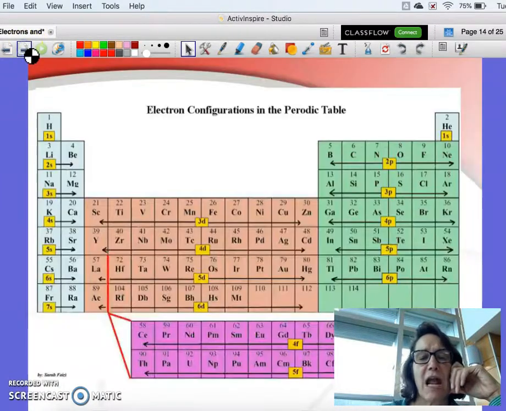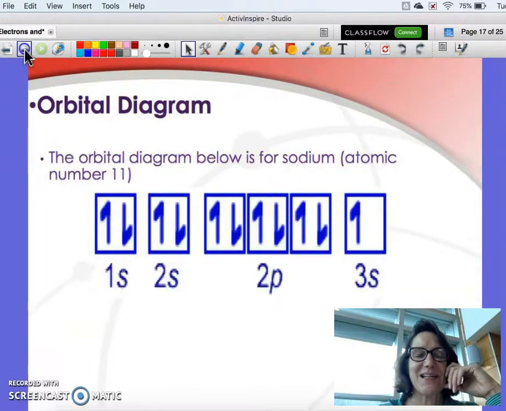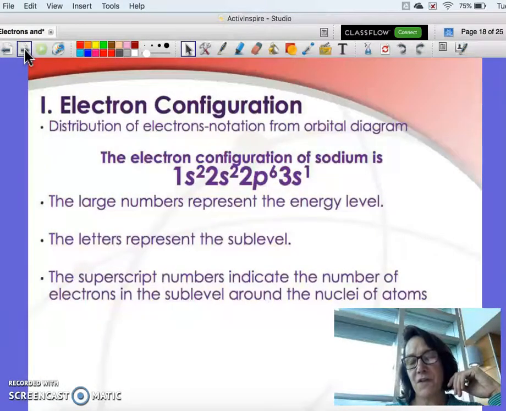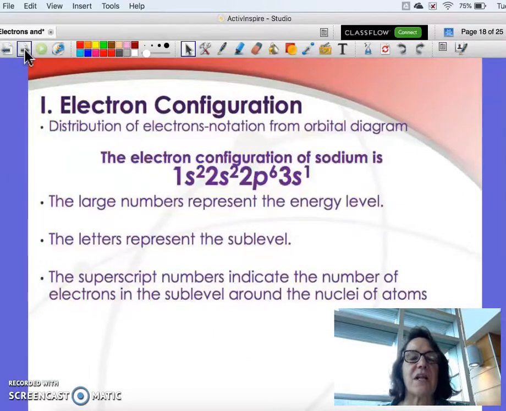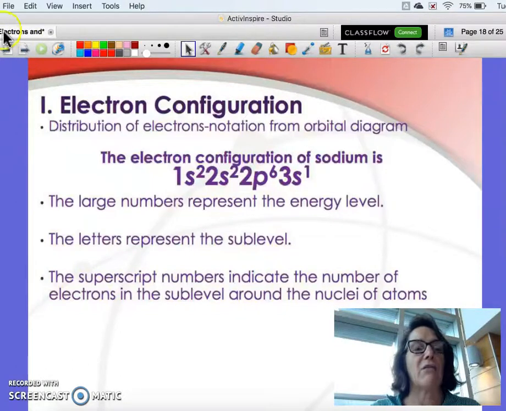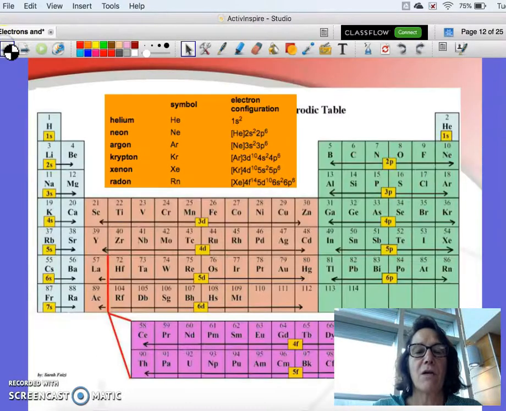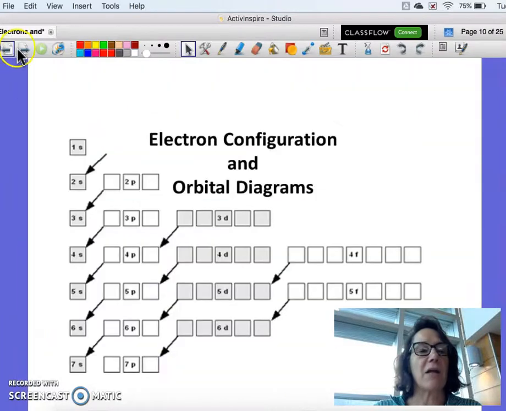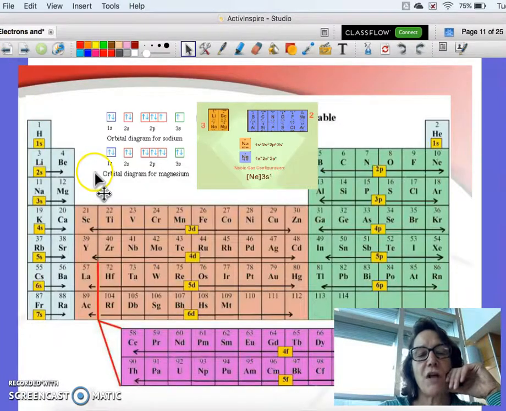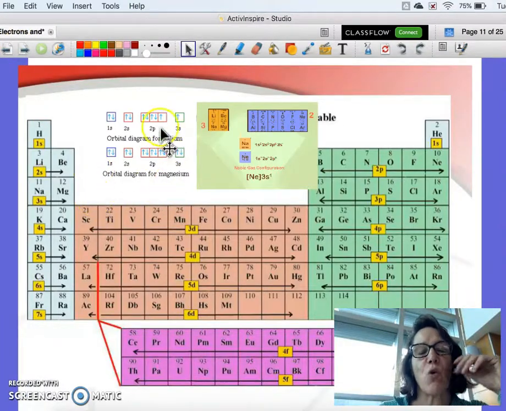Now let's take a look at writing the electron configuration. All this electron configuration is, and make sure this makes sense to you, is sort of a shorthand way of representing what I just drew in my orbital diagram. So when we look back at sodium that we were talking about, here's its orbital diagram.